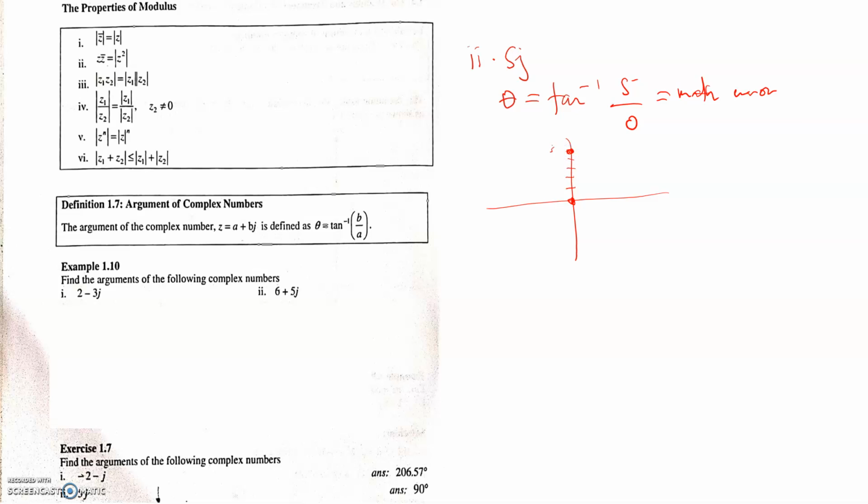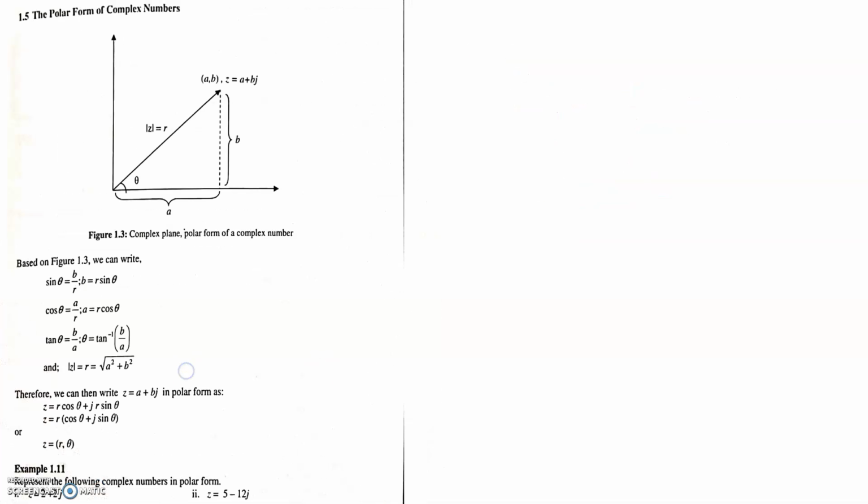If you look from the positive x-axis, we should be looking at this argument. So what does this stand for? The argument is 90 degrees. This is the answer. Basically, when you come across this kind of question, there is no need for you to do the calculation because you will get a math error. So that is for the argument.